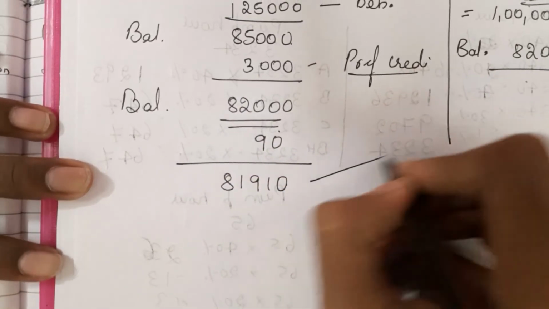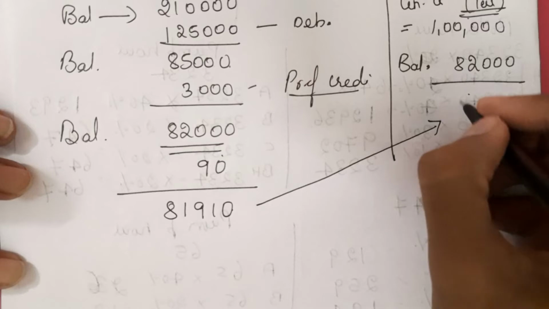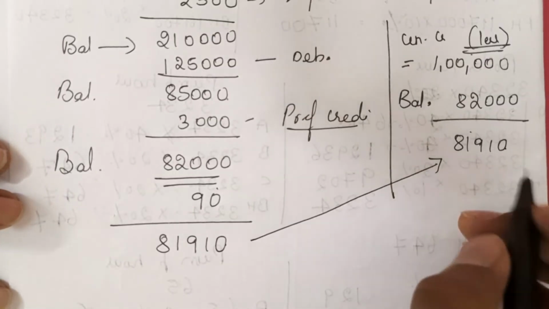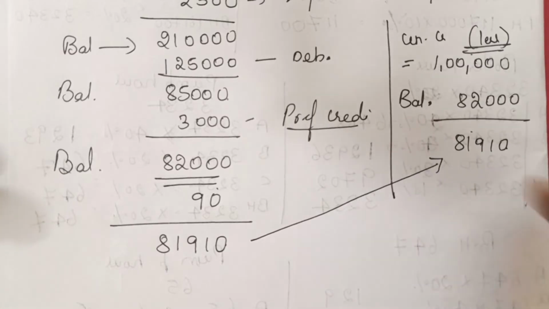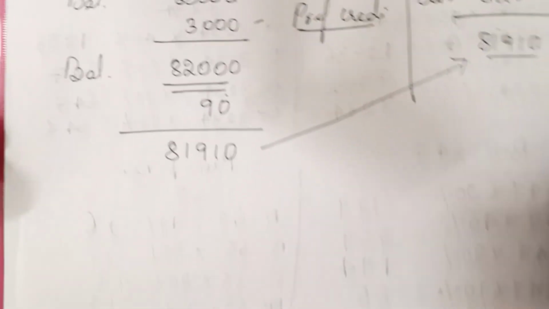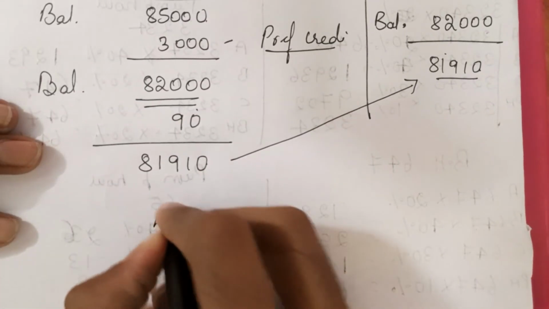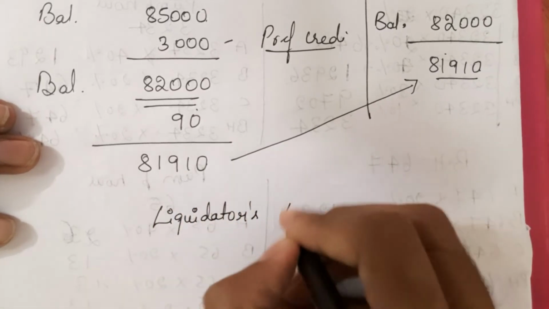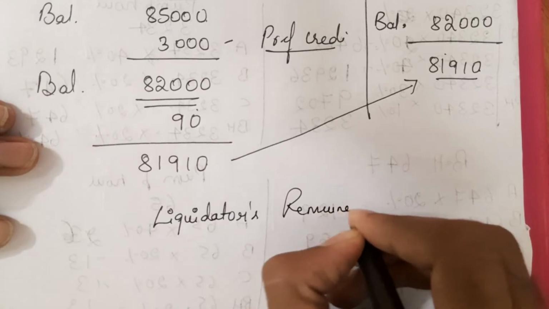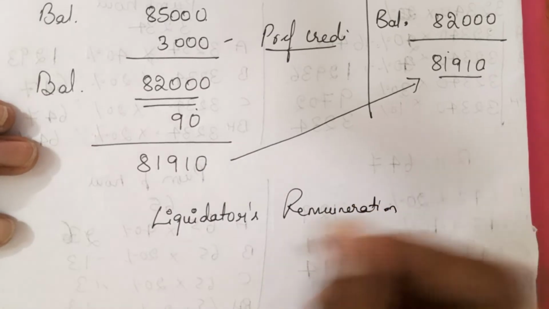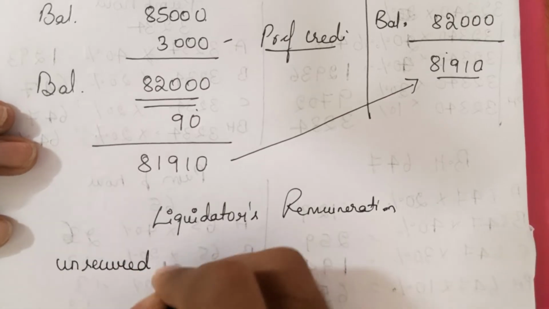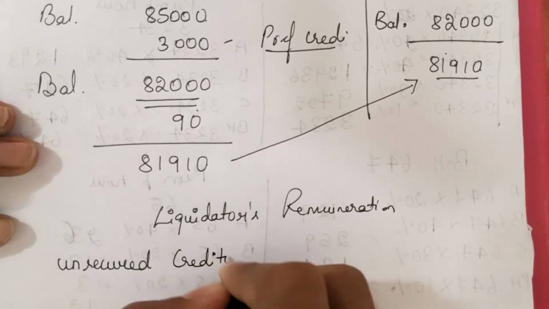Now this is what we are having balance to pay the unsecured creditors. So now for this unsecured creditors we need to calculate the liquidator's remuneration. On the basis of preferential creditors we have already paid him the remuneration. Now we need to give 3% on unsecured creditors.